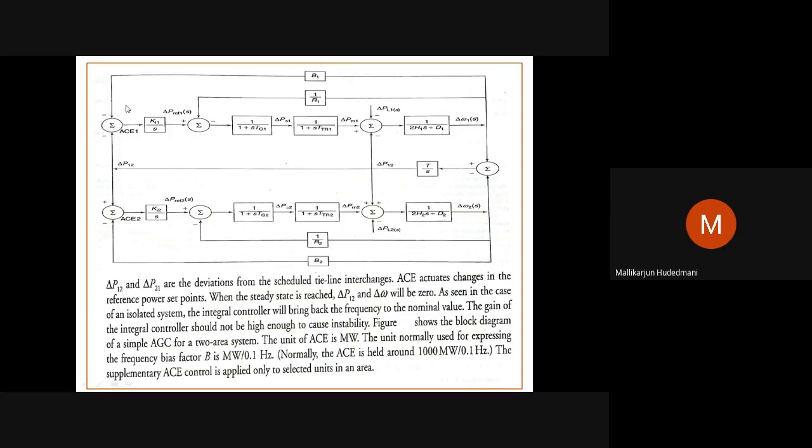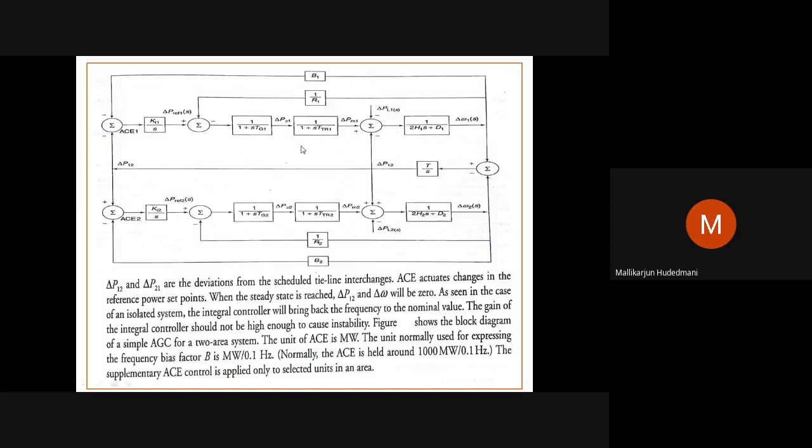This way, ACE becomes a stimulus for the integral controller, and the integral controller changes the set point of the area, and the set point accordingly changes the valve position and mechanical input, and addresses the requirement of the load in that respective area. A similar controlling concept is incorporated in either of the areas. This is how the vision of the supplementary loop came into the picture, to see to it that a change in area load has to be addressed in its own area only.